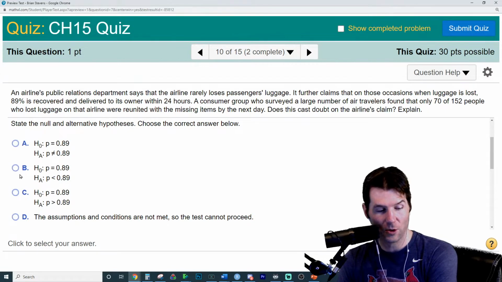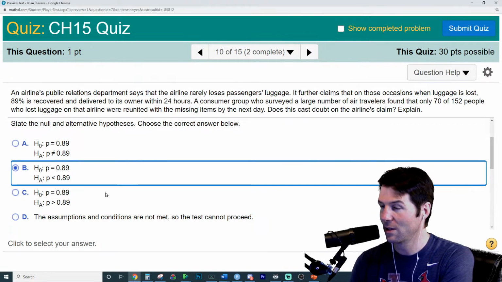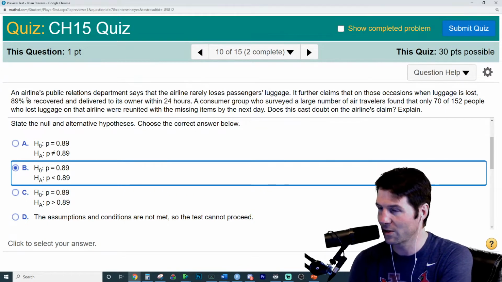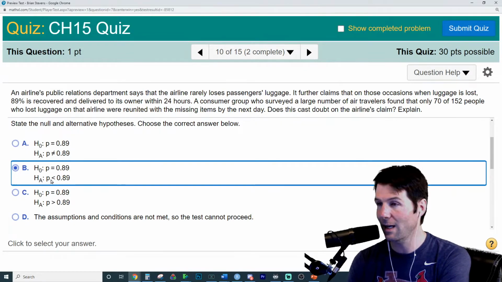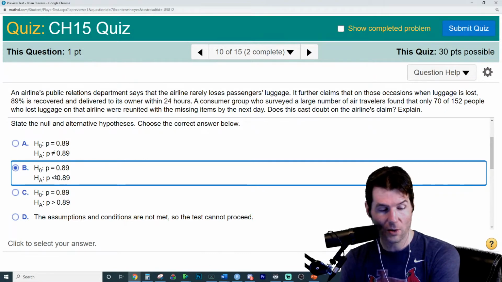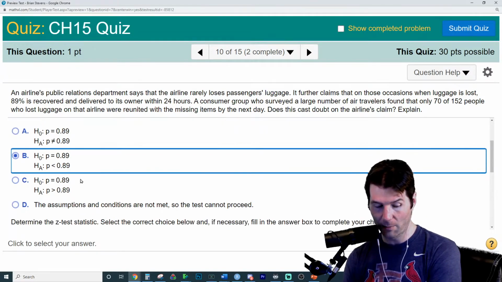Because the airline, we're trying to cast doubt on it to show that they're losing more luggage, returning less luggage than they say they're returning. They say they return luggage 89% of the time within 24 hours. We observe them returning luggage 70 times out of 152 within 24 hours. So we're trying to cast doubt on that to say, we got evidence to show it's less than that. So we're trying to show the alternative, that the true proportion of time they return the luggage, that's what p stands for, is less than 89%.